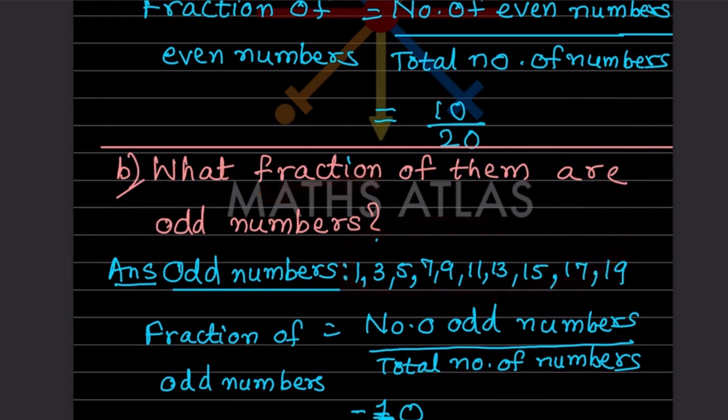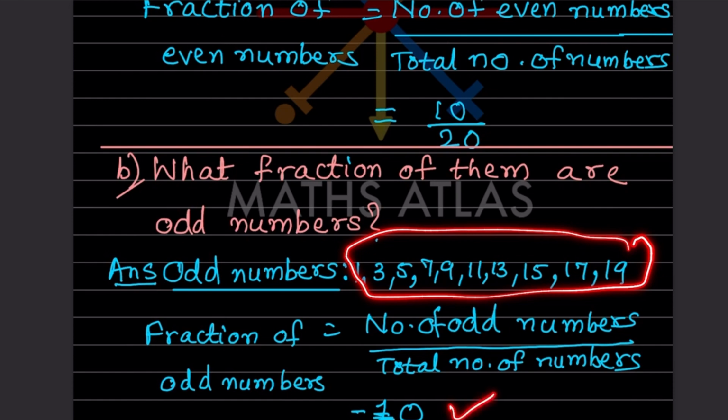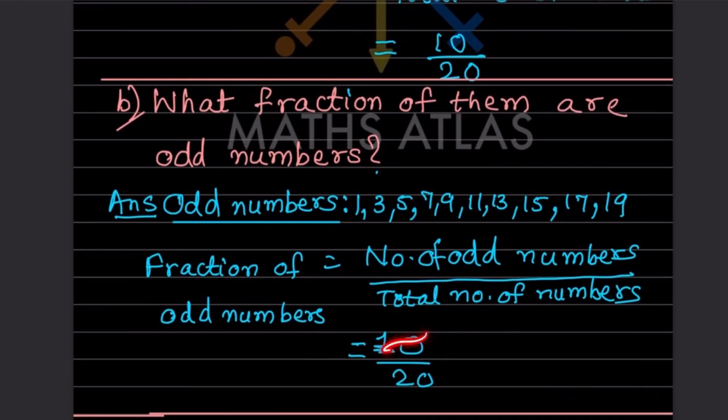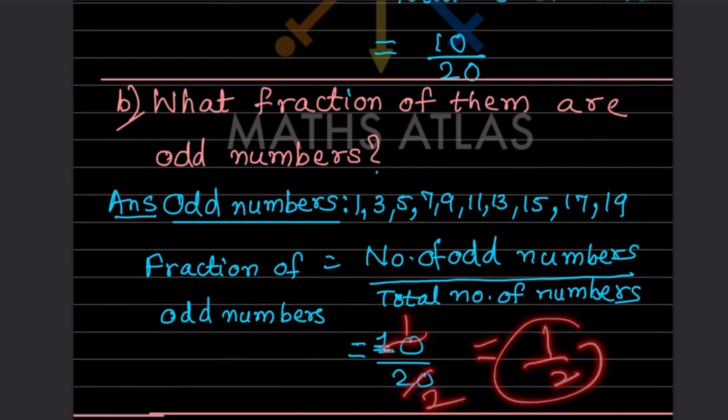So fraction of odd numbers means number of odd numbers divided by total number. Again, these are 10 numbers divided by a total of 20, right? 1 to 20 we are going to consider. So again this will be 10 ones are 10, 10 twos are 20, that will be 1 by 2. Hope you got this one.